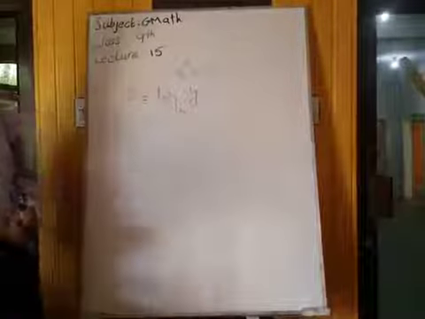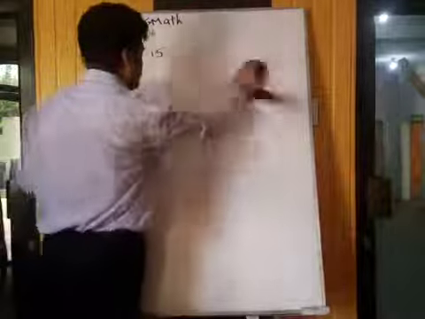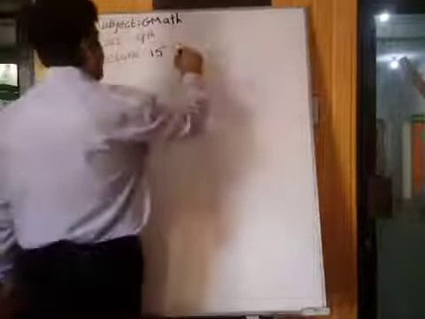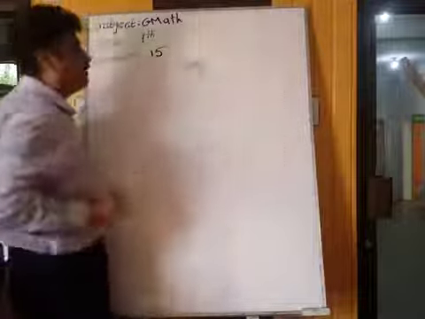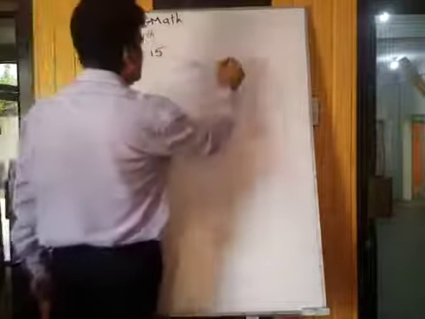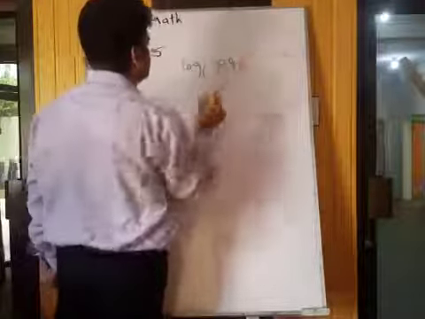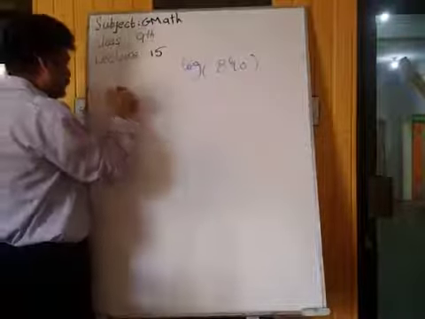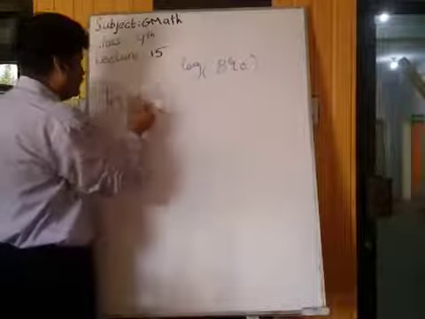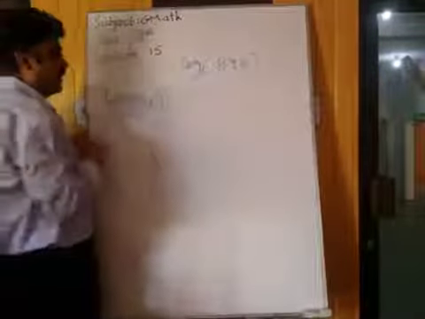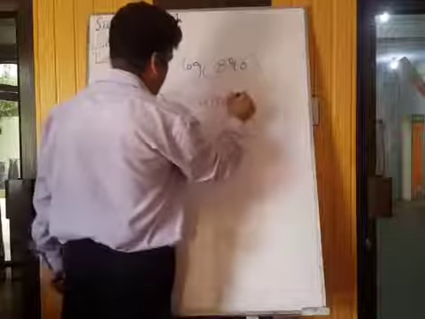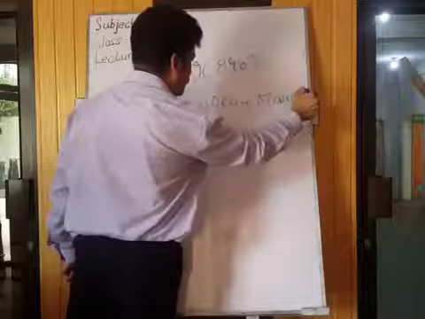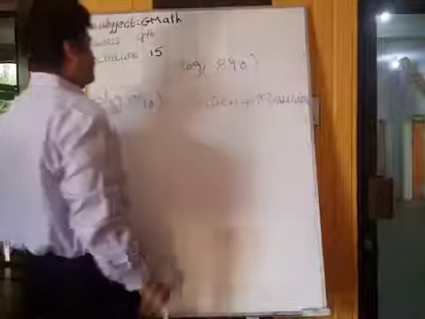We now find the log of a number. We have to find the log of 890. The log of 890 is equal to, first of all, we write the characteristic plus the mantissa.